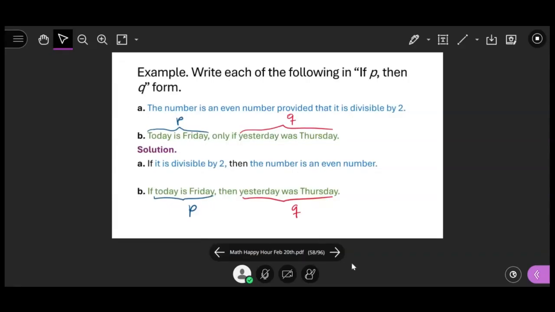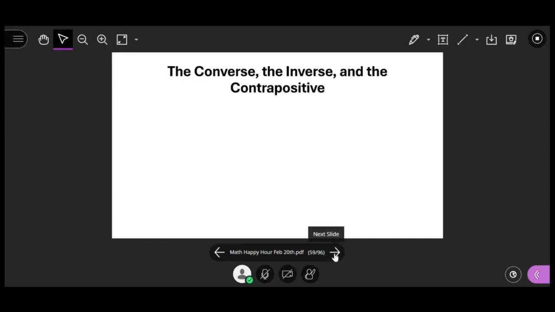So having the table next to you will be helpful in determining which is P and which is Q.